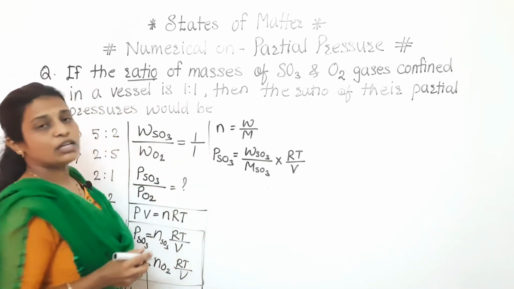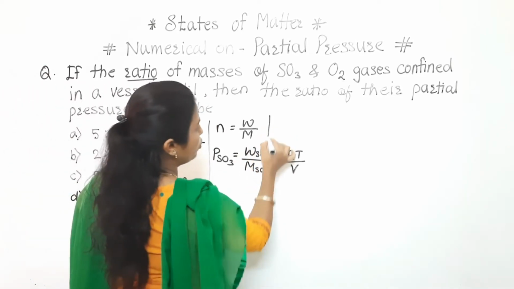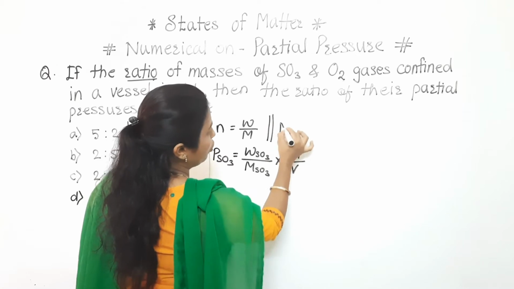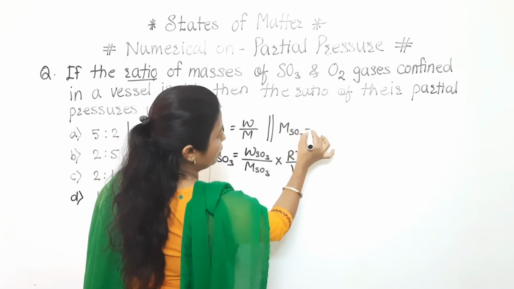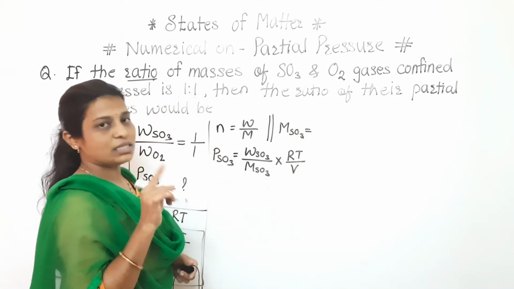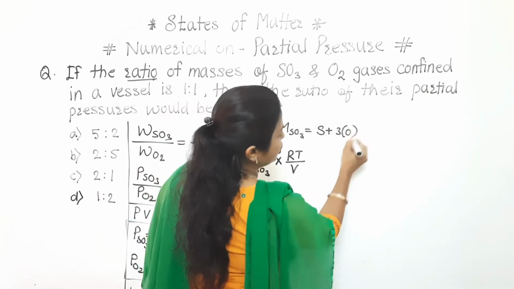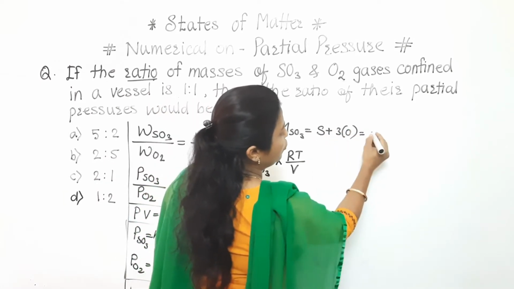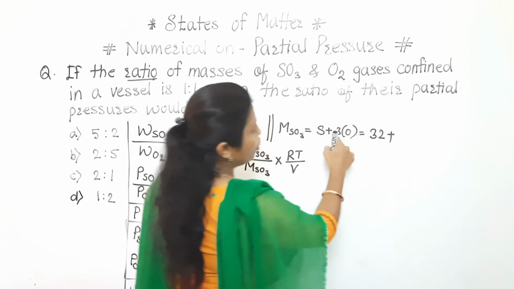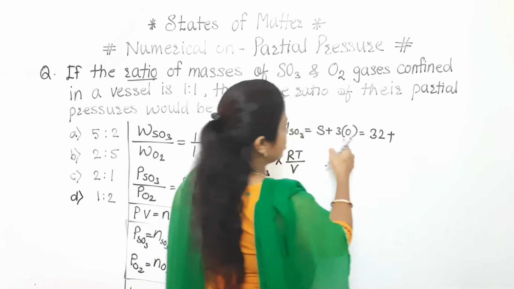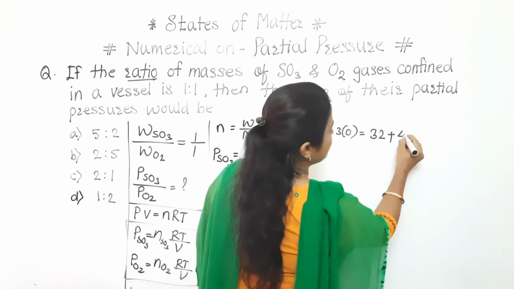So, molar mass of SO3. What is the molar mass of SO3? For the molar mass, we should know the mass numbers. If we consider sulfur plus 3 oxygen atoms, for sulfur the mass number is 32, for oxygen it is 16. So 16 threes are 48.